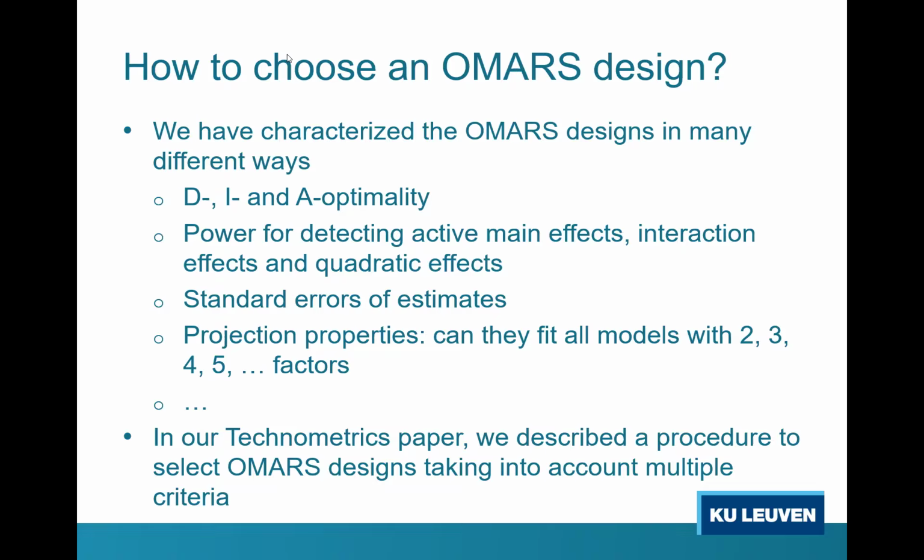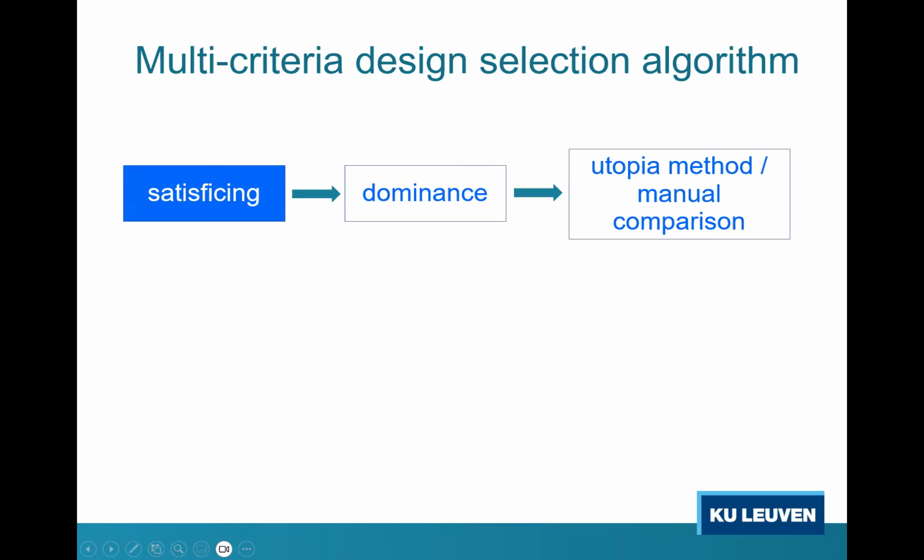So I stopped after saying that we turned our large catalog of OMARS designs inside out. We quantified their strengths and weaknesses in all kinds of ways, and that information we use in a multi-criteria design selection algorithm.